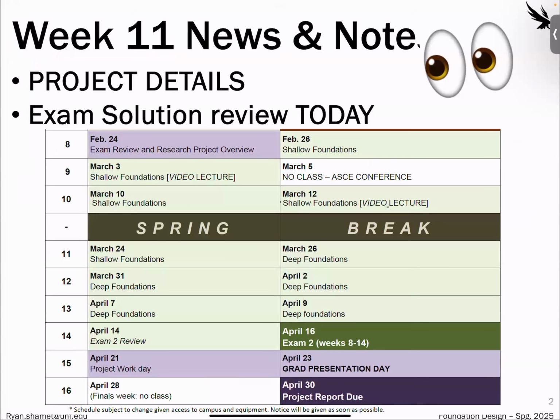Okay, well, let's look at where we're at. We've switched a few things around before spring break. Today we are going to be starting our deep foundations, as well as the exam 1 review. And then for the next few weeks on deep foundations, it's all just going to be pile design. So we're going to be talking about estimating pile capacity, looking at drilled shaft capacity, and then also lateral capacity.